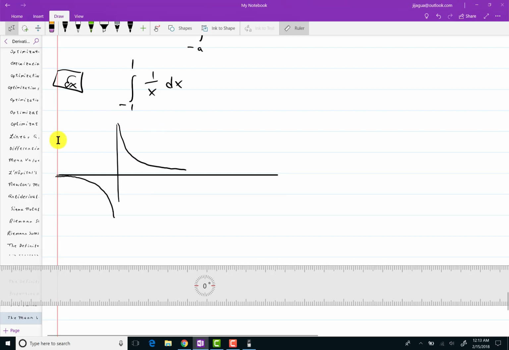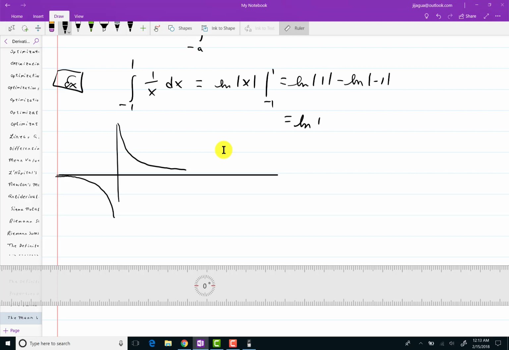A hyperbola, that's right. So if you try to do this, you're going to do ln of the absolute value of x, and then go from negative 1 to 1. That's going to equal ln of the absolute value of 1 minus ln of the absolute value of negative 1. That's ln of 1 minus ln of 1. ln of 1 is 0. 0 minus 0 equals 0. So it looks like it's still going to work.